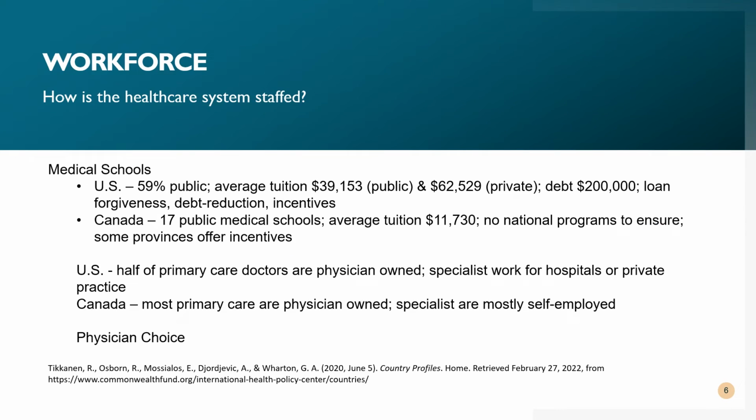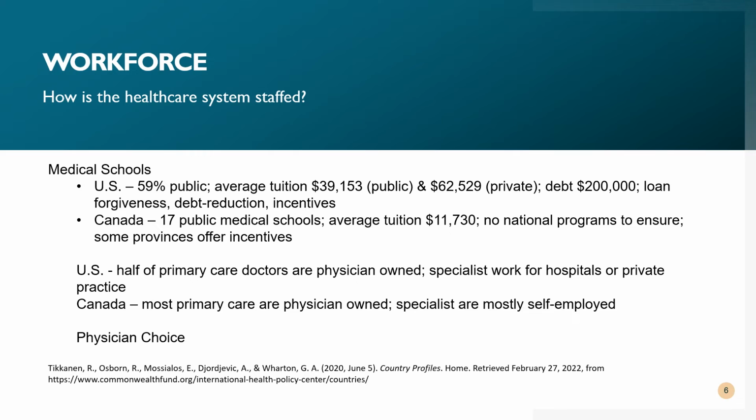Next, we will talk about how the workforce is staffed. In the United States, most medical schools, about 59%, are public, with the average tuition of $39,153 for a public medical school, and $62,529 for a private medical school. 73% of graduates from medical school graduate with a debt averaging $200,000.